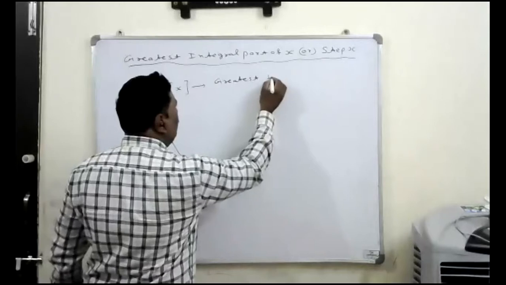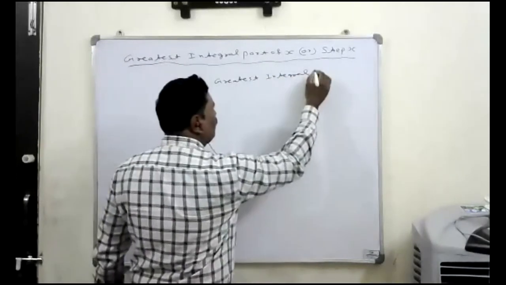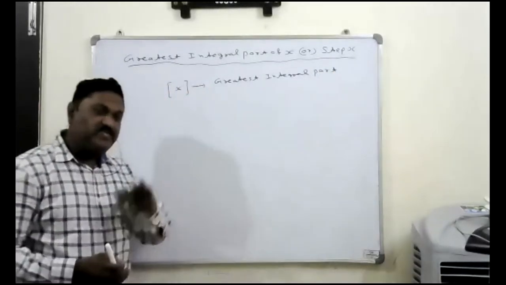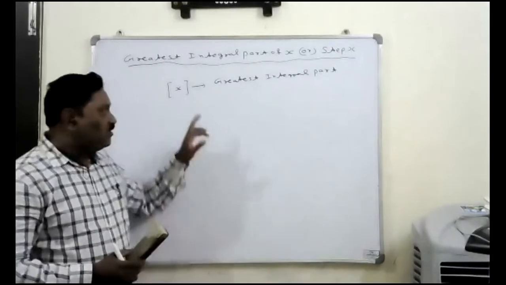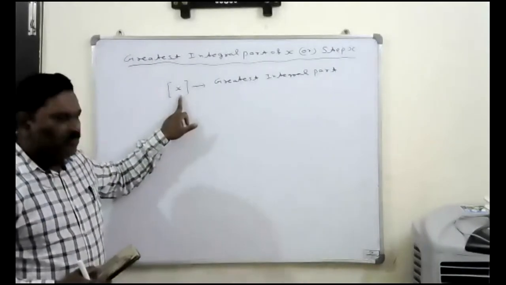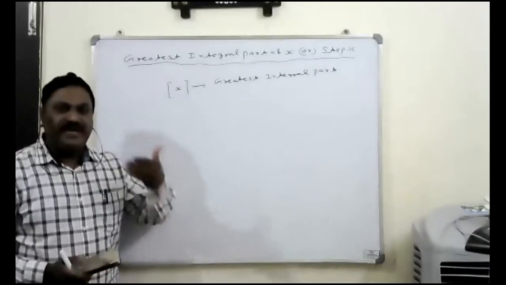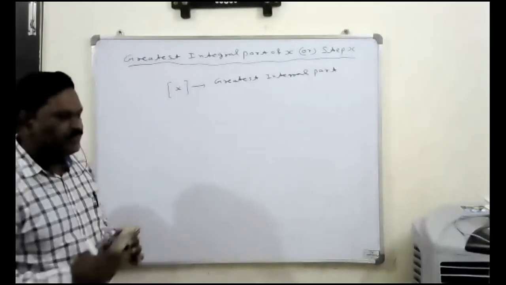Greatest integral part of x means it is going to give the greatest integer before the value of x. Whatever the integers are before that value, out of them it is going to give the greatest integer. That is called the greatest integral value of x.